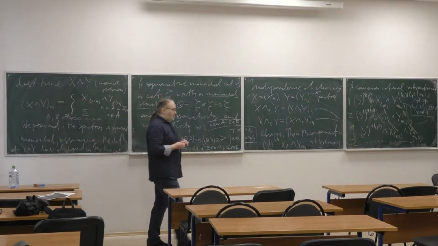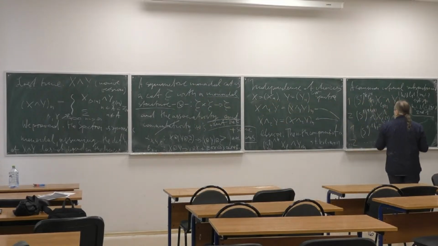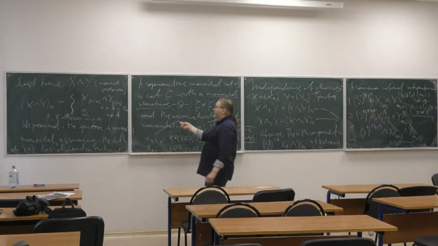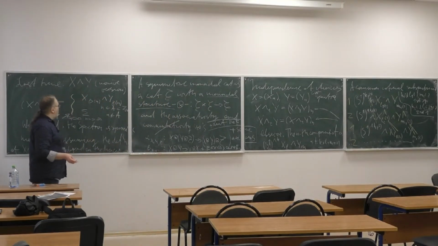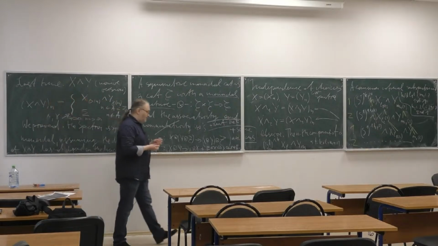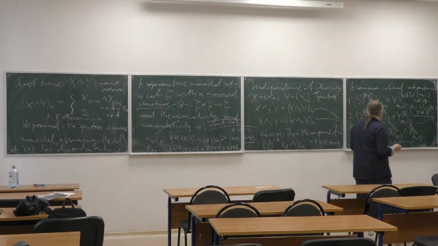So every time we increase n, we increase exactly one of the values beta and gamma, but not both.